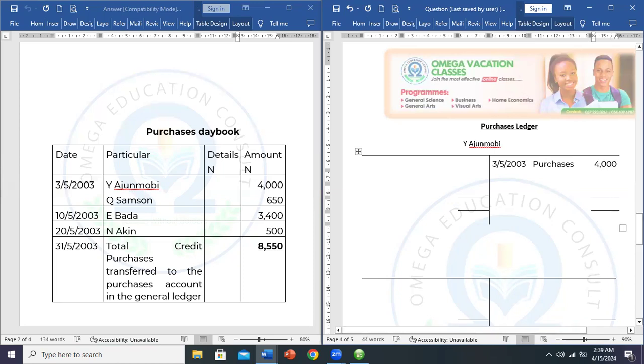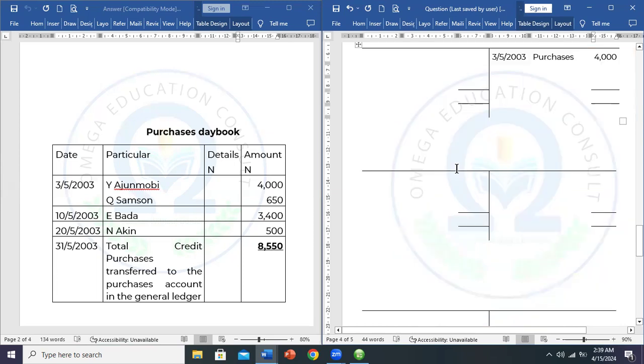So we go to the next one, which is Kill Samson. So we open Kill Samson's account and we credit Kill Samson, 3rd May 2003, purchases, 650. Then we go to Ibadah.